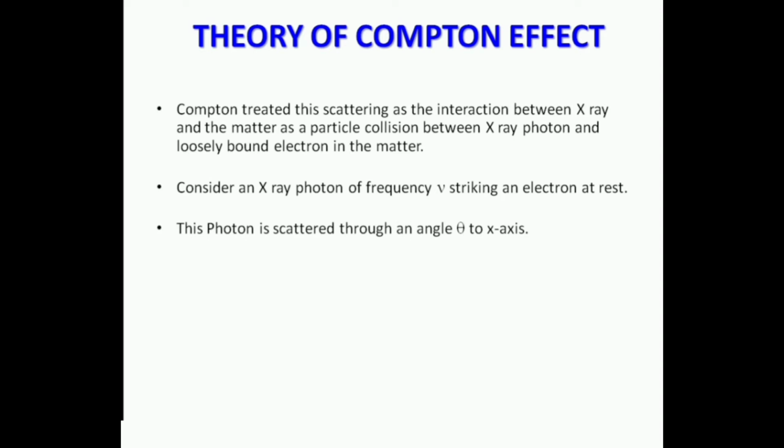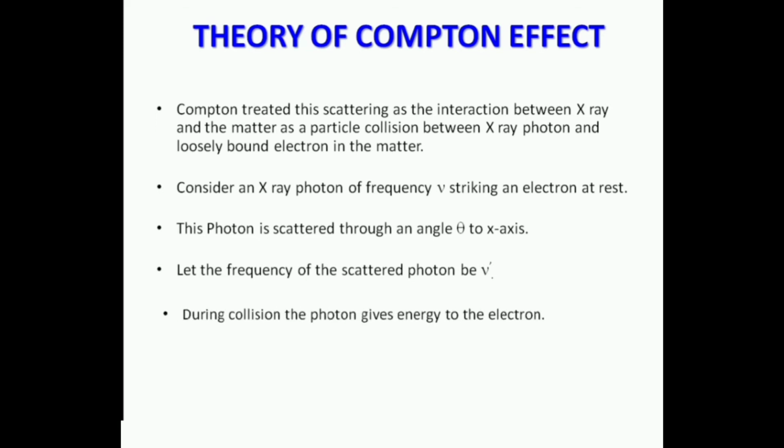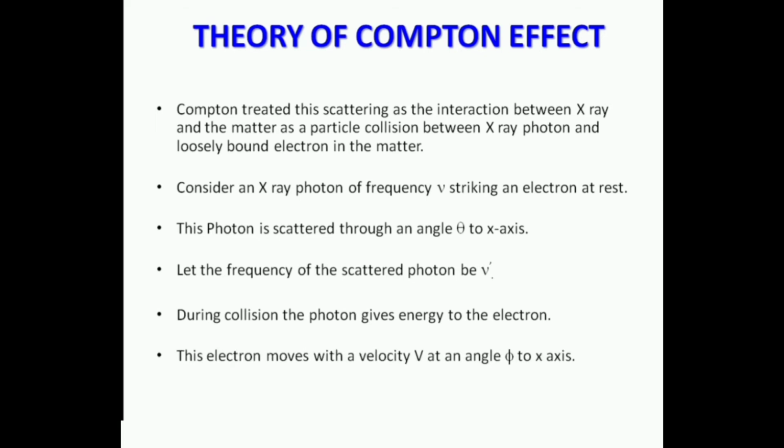This photon is scattered through an angle theta to the x-axis, and the electron recoils with an angle phi to the x-axis, which is actually a negative angle. Let the frequency of the scattered photon be nu prime. During collision, the photon gives energy to the electron. This electron moves with velocity v at an angle phi to the x-axis.